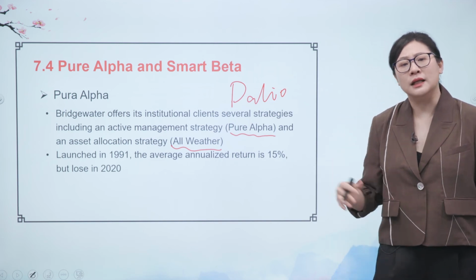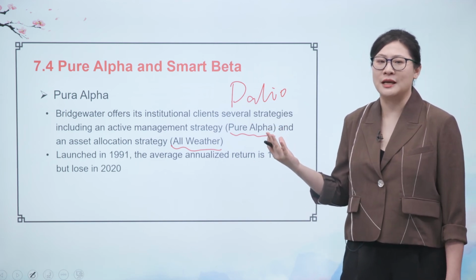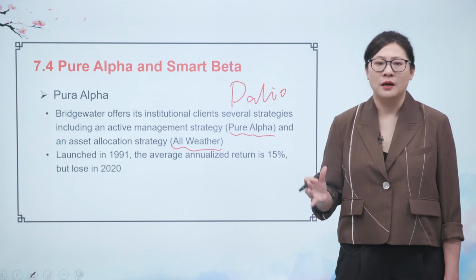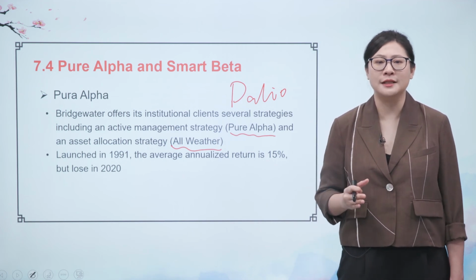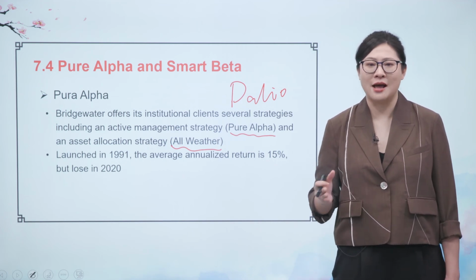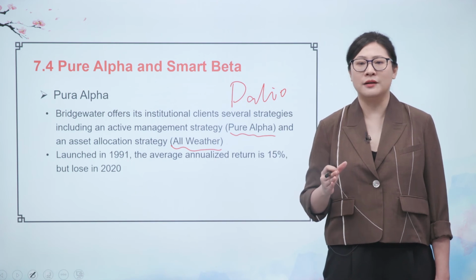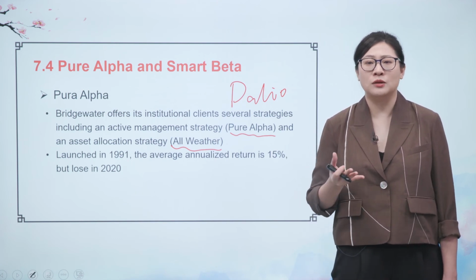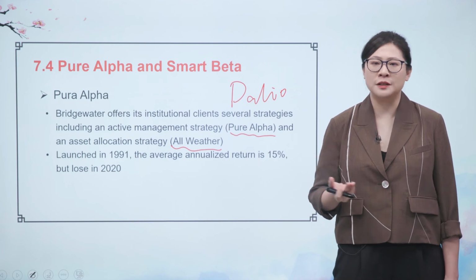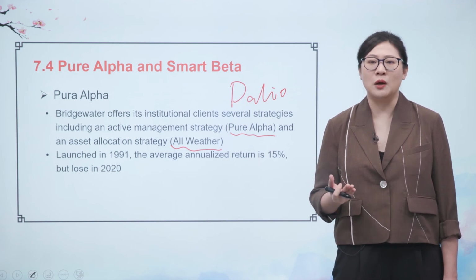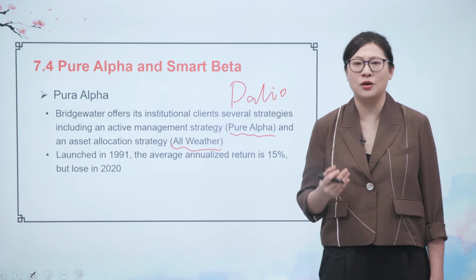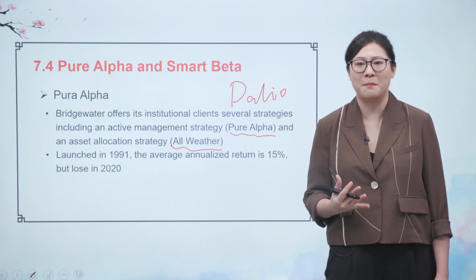And this pure alpha strategy, as I mentioned, only considers the alpha part. It was launched in 1991, and the average annual return is nearly 15%, but it lost money in 2020. In 2020, of course, we experienced COVID-19. It was a huge decrease in the stock market.